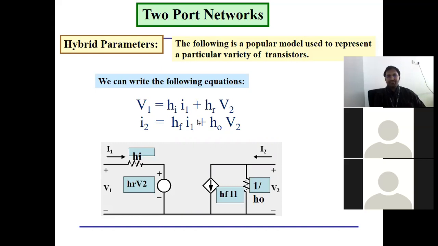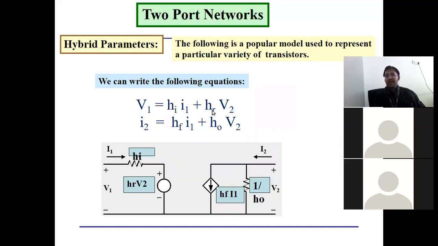Now, because H11 is input impedance, it is now replaced by HI. H12 was reverse voltage gain, R for reverse, so HR. Next, HF, forward current gain. H naught, output admittance.